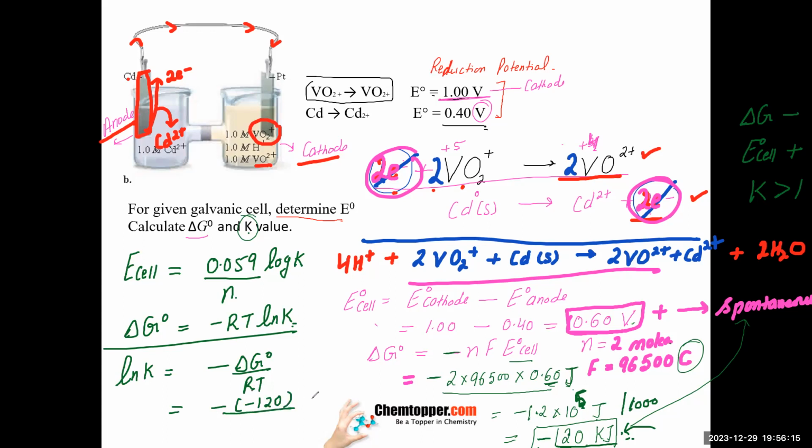R is 8.314. T is 298, standard conditions. But this is in kilojoules and this is in joules. So I have to multiply it by 1000. Now it is also in joules.